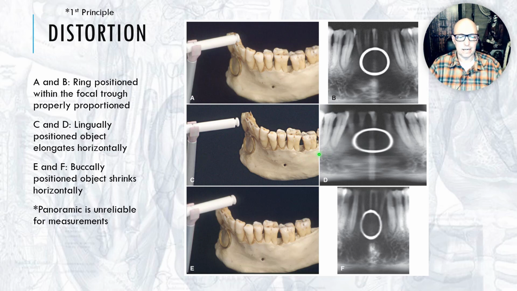Now C and D, so this shows the resulting radiograph in D if you line it up as C. How is this positioned? The patient is lined up too far back. The mandible is posterior, and that brings this object more lingual, right? More toward the lingual, more toward that point of rotation. So I said magnification is exaggerated in the horizontal.